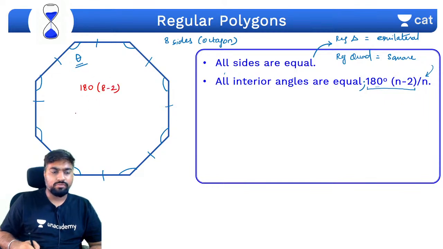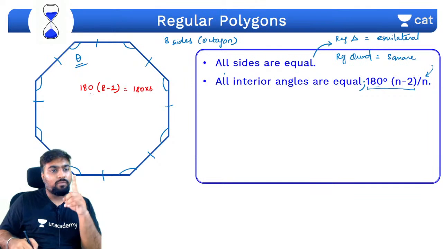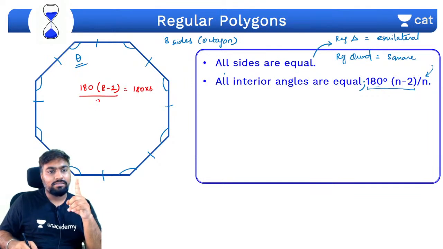N minus 2 is 8 minus 2. Yes, so 180 into 8 minus 2 is 180 into 6. Keep it like this. 180 into 6 will be the sum of all the angles. We want for one angle. There are 8 angles, so for one it will be divided by 8.